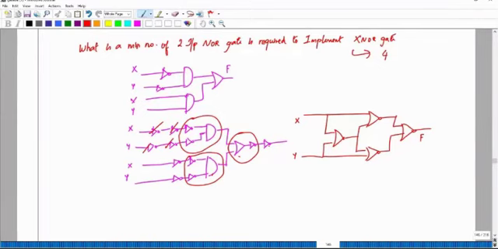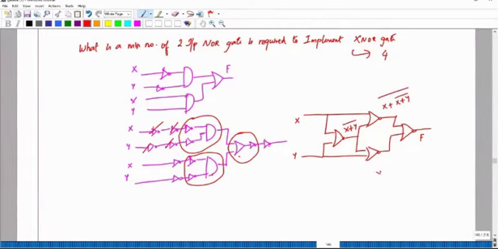So check it. You get x bar y plus x y bar. Let's check this one also. X plus y the whole bar. And this is x plus y bar the whole bar.